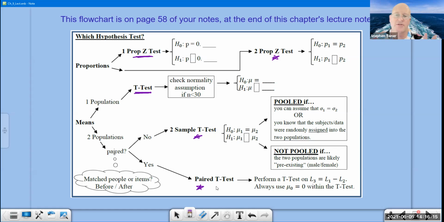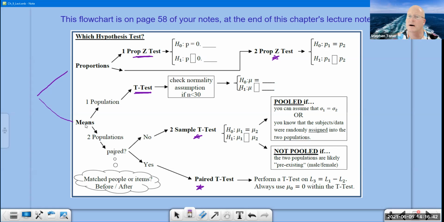And this is the thought process you want to go through. It's almost as if there's another branched decision at the beginning of the problem on the left here, where when you get a problem, you say, okay, am I dealing with proportions or means? If you're dealing with proportions, it's either the one proportion z or the two proportion z test. If you have means, you're then going to say, okay, do I have one sample mean or two sample means?